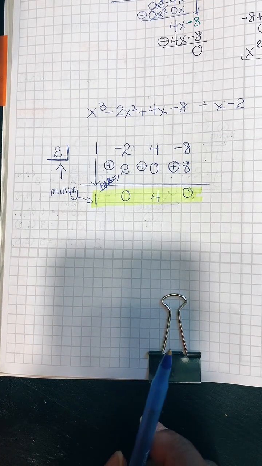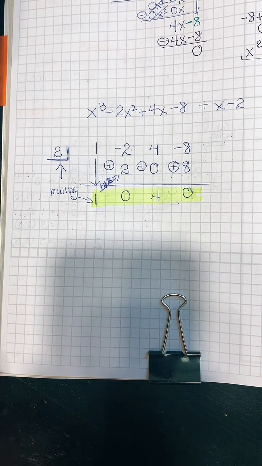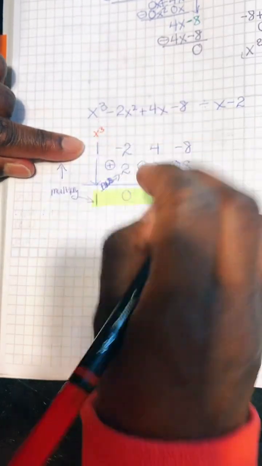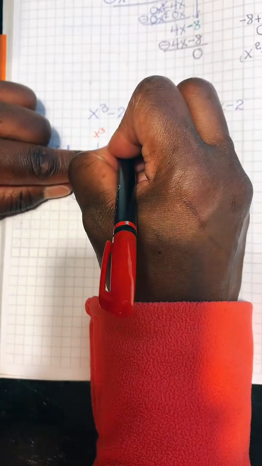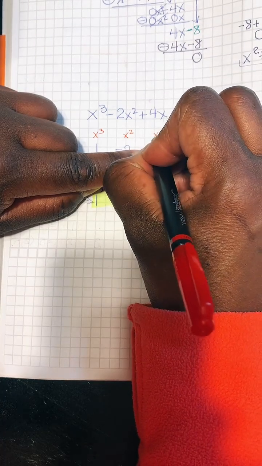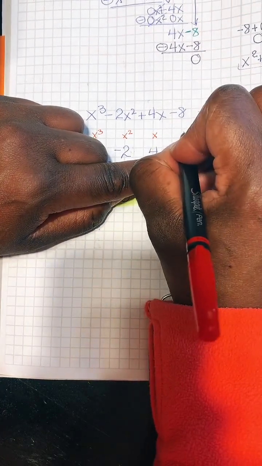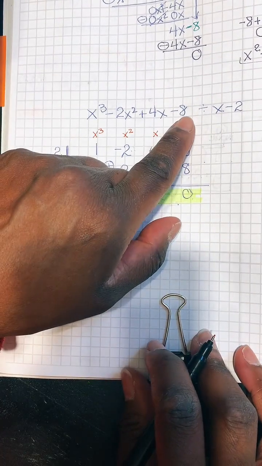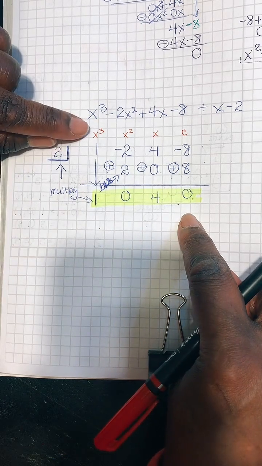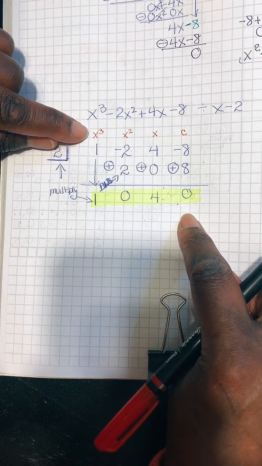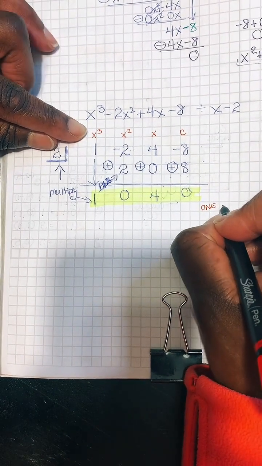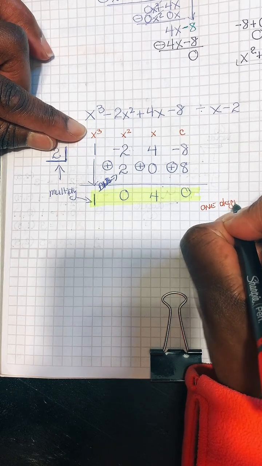If you recall, the 1 came from the x cubed. The negative 2 came from the x squared. The 4 came from the x, and the negative 8 was our constant because it doesn't have a variable next to it. Your answer is always going to be 1 degree less, or 1 exponent less.